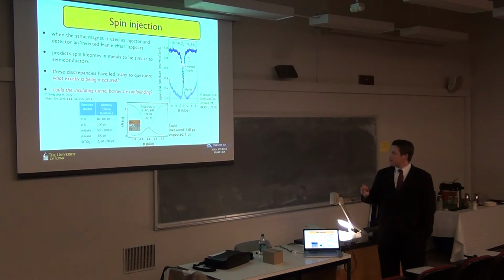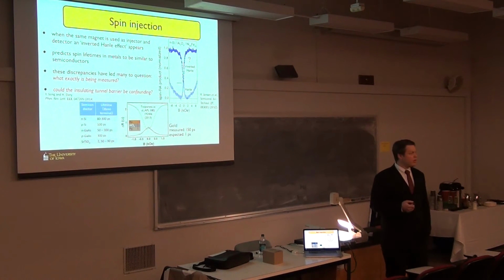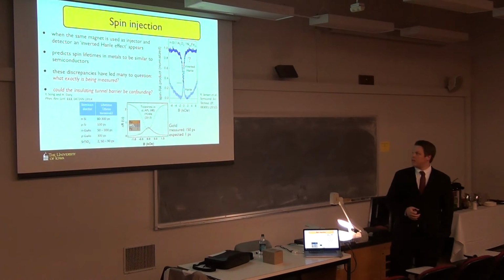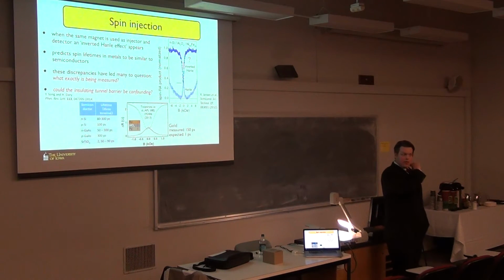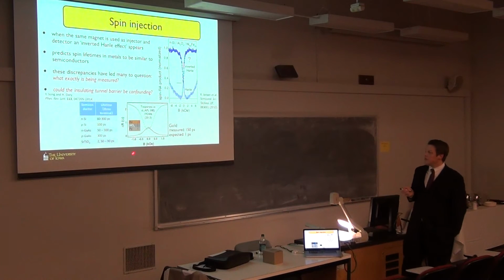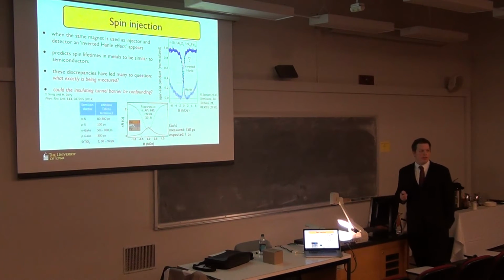So this has led people to ask, what actually are you measuring? Because it might not really be spin injection in the semiconductor. And an obvious candidate might be that you're seeing something in the defects that are in the insulating barrier.